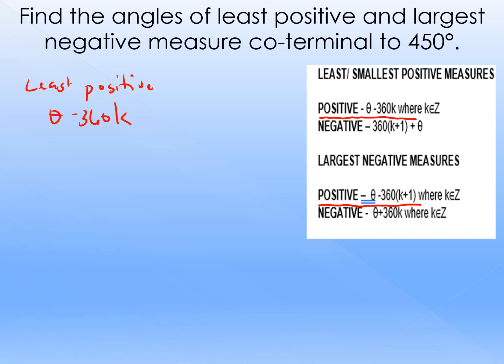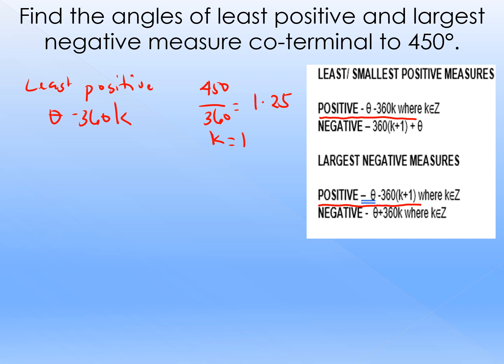In order for us to know the value of k in this example, we're going to divide the angle measure by 360. Let's divide 450 by 360 and the answer is equal to 1.25. Thus, we will just simply get the whole number and the whole number is equal to 1. We can now say that k is equal to 1.